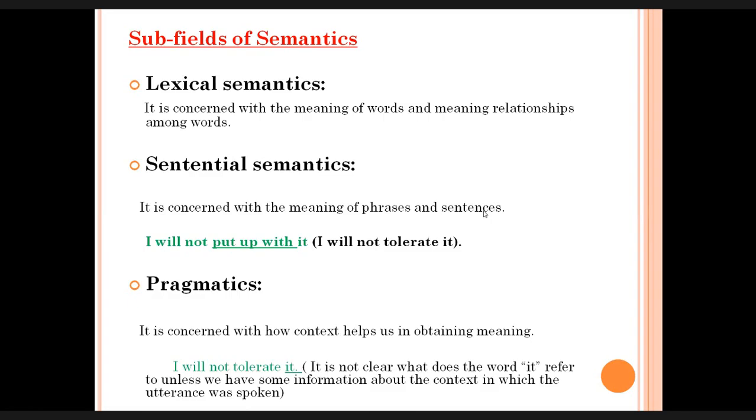Criminal lawyer. If somebody tries to get the meaning of criminal lawyer by looking at the meaning of criminal, then by looking at the meaning of lawyer, that person will not get the meaning of criminal lawyer.